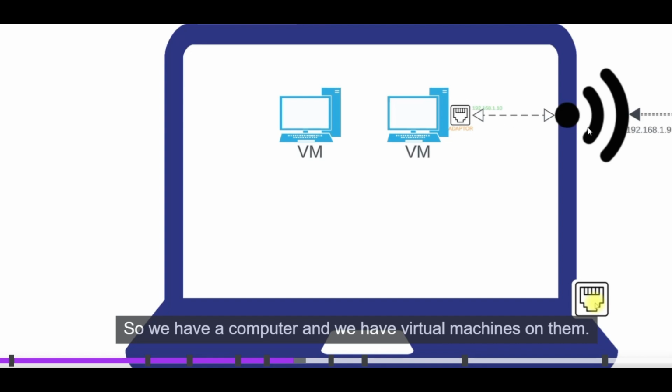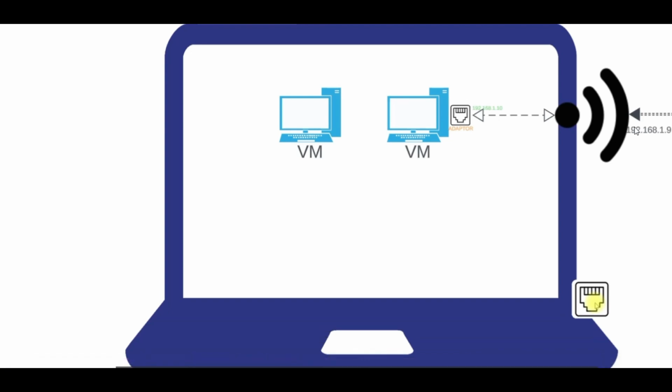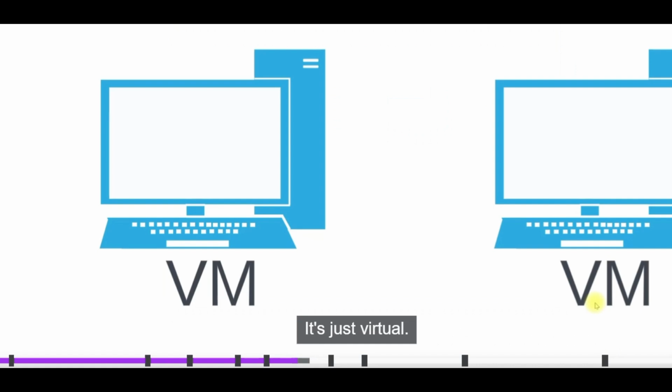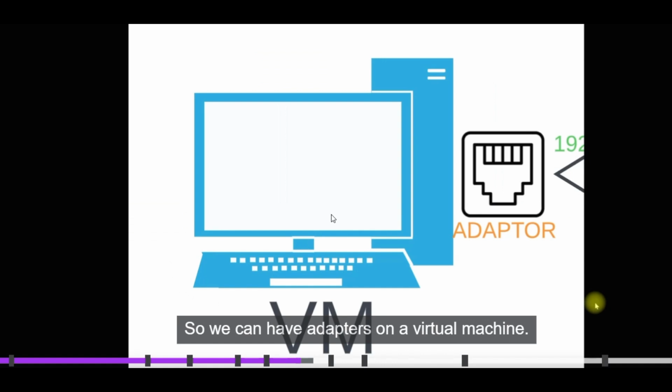We have a physical network adapter in our hardware, and we also have virtual adapters in our virtual machines. A virtual machine is a computer, just virtual, so it can have adapters too.